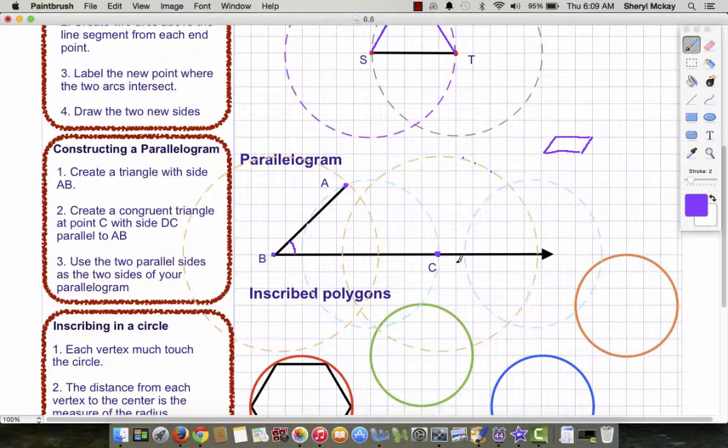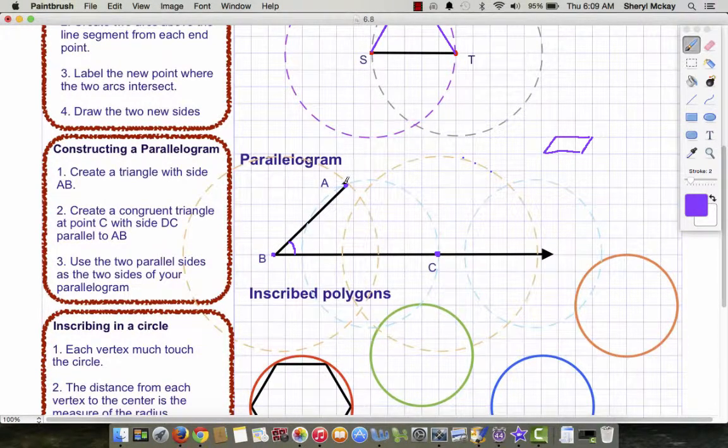The first thing I want you to do is I want you to go ahead and put your compass point on B and measure A. And you can see that I have this kind of light colored orange circle that's being made around this BA or AB radius.